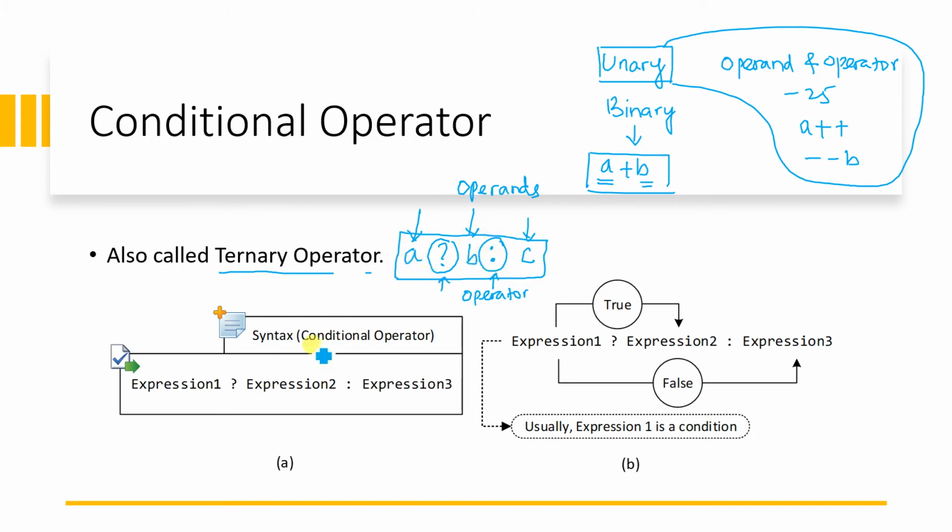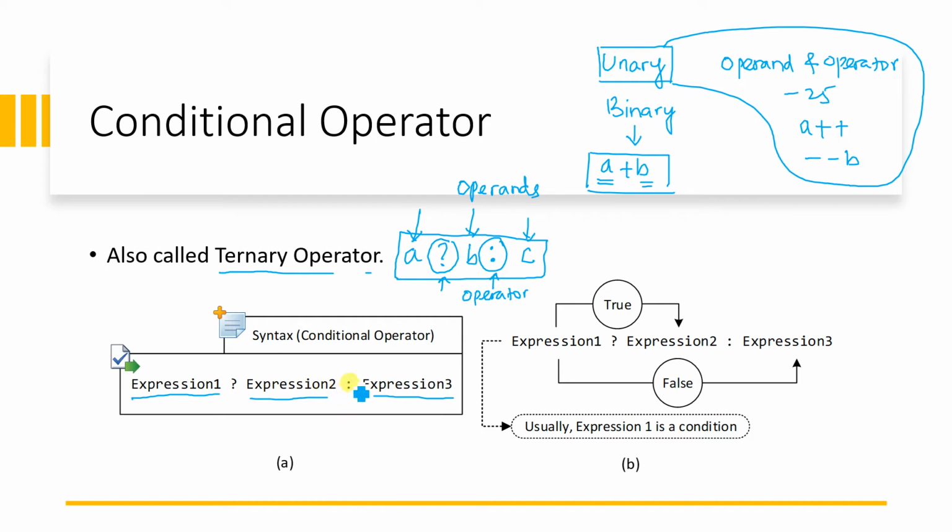If you see the syntax I have written here, I have used the term expressions to represent a, b, c. The first is expression 1, then a question mark, then expression 2, then a colon, and expression 3.